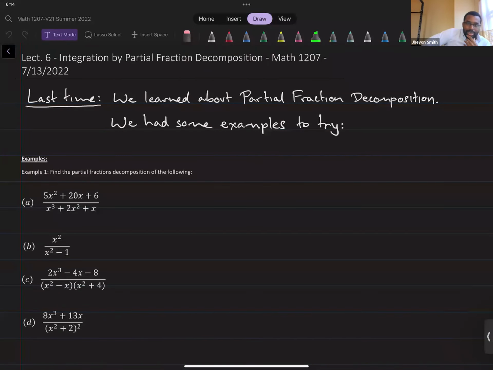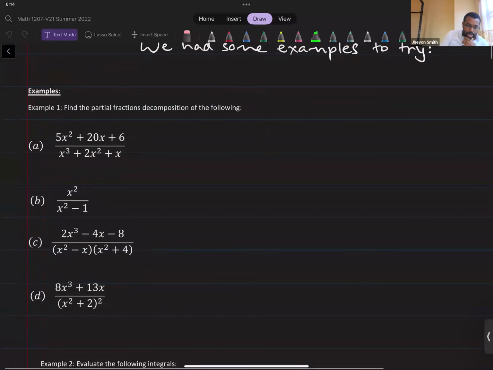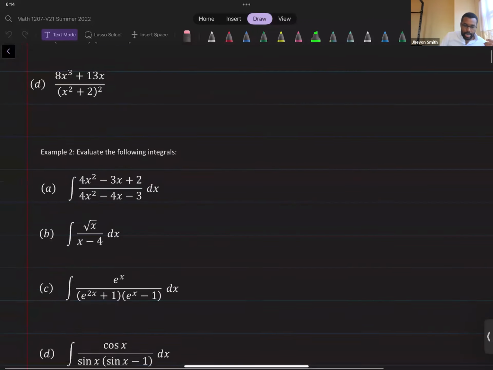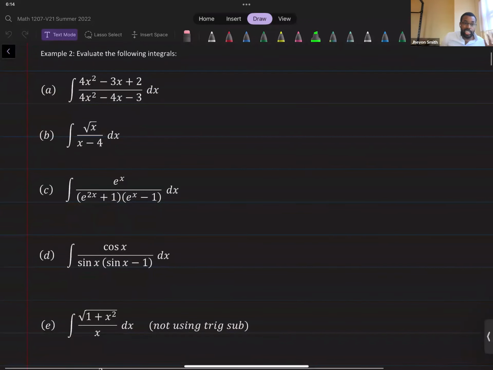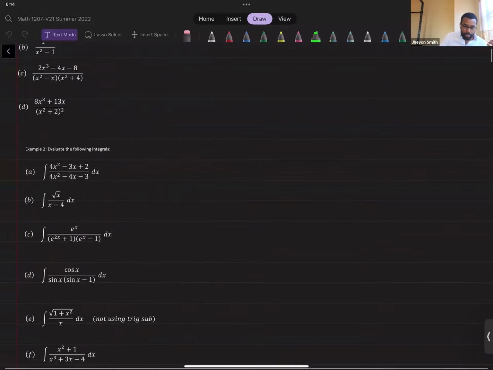Okay, so last lecture we learned about partial fractions decomposition. We have some examples to try. For example 1, I just wanted you to find the partial fraction decomposition. You didn't have to do anything else. And in example 2, I gave you some integrals to do where the appropriate method would be using partial fraction decomposition.